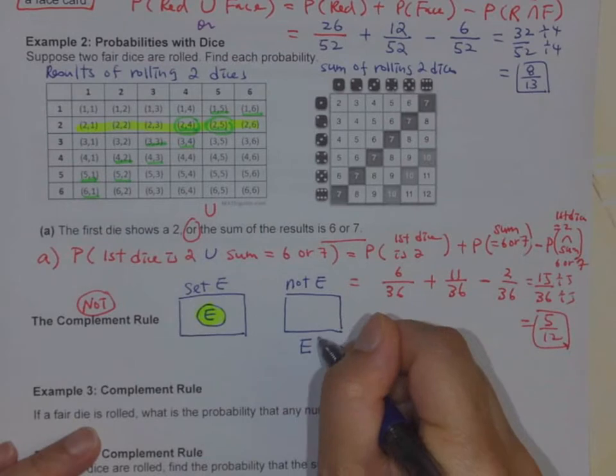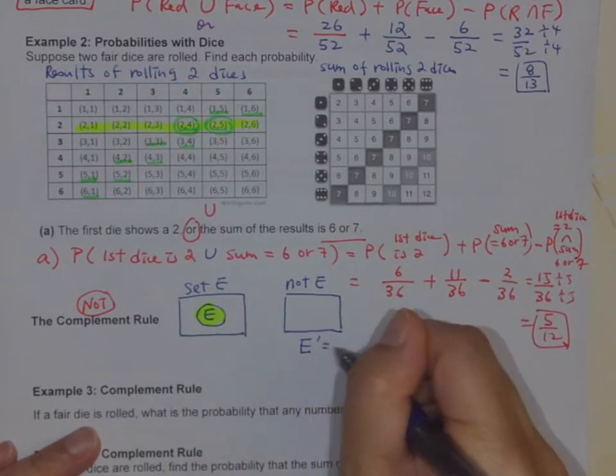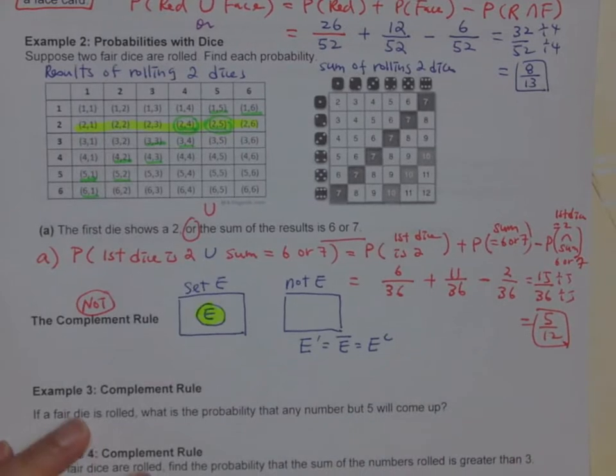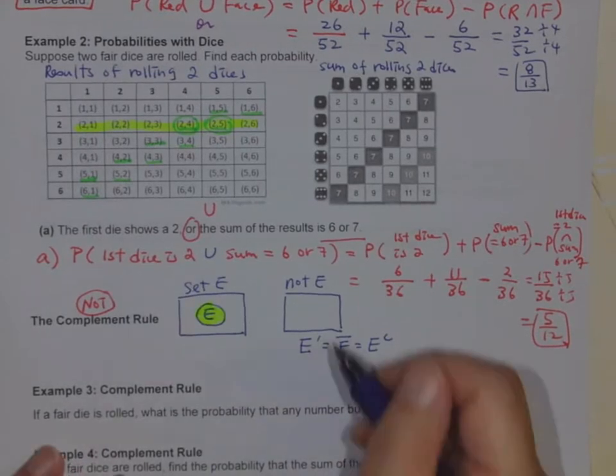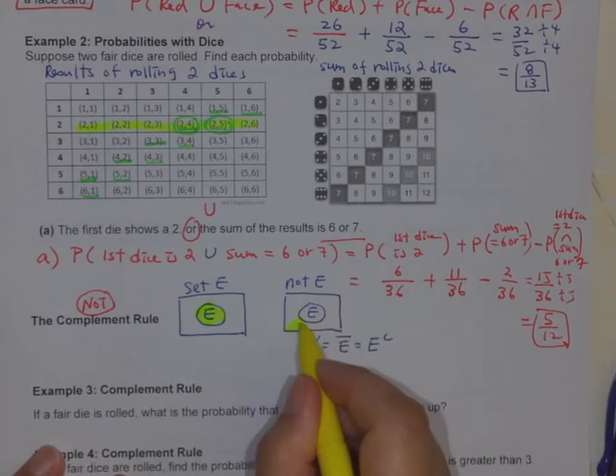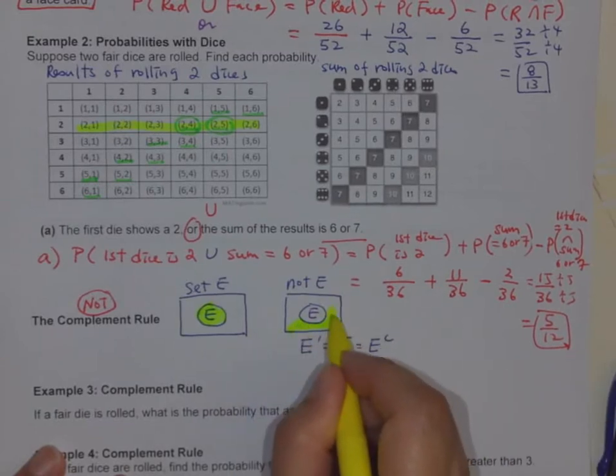so the symbol would be like this, right? Or you can use a bar on top of this, or you can use like a little C over here, mean complement. So I can have my set E, but I want not E, so it's going to be outside of E, right?